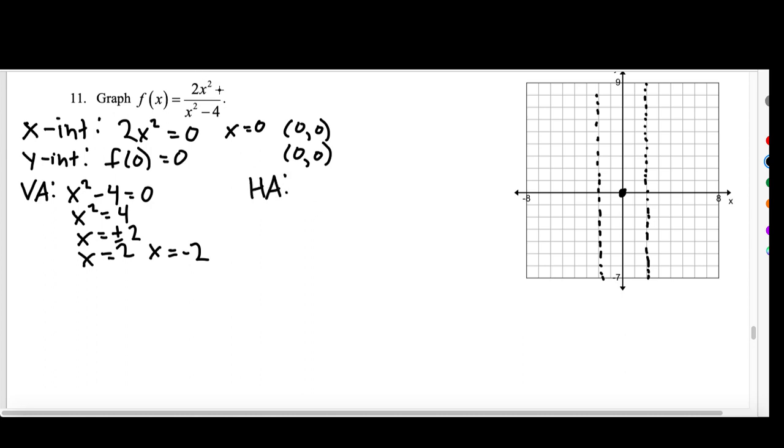Once again, we look at the degree of the numerator and the denominator, and they're both the same degree. So in that case, the horizontal asymptote is found by taking the ratio of the leading coefficients, which will be 2 over 1, which equals 2, right? So the horizontal asymptote is a horizontal line passing through y equals 2, like this, okay?